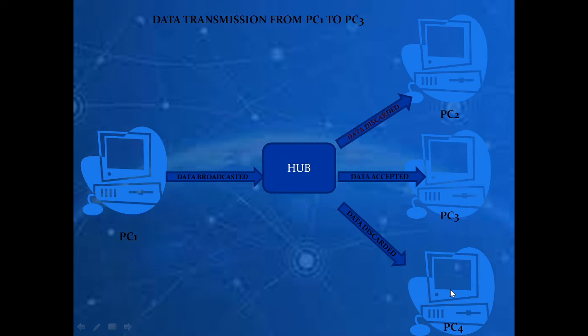But in the data it is mentioned what the destination address is. The destination address is PC3. So PC3 will accept the data while PC2 and PC4 will discard the data. In this manner the hub is used to transmit the data.